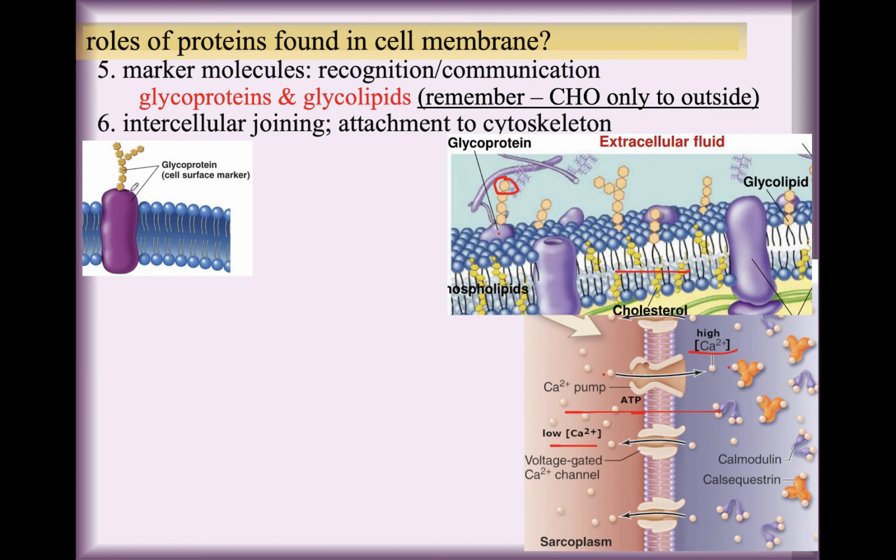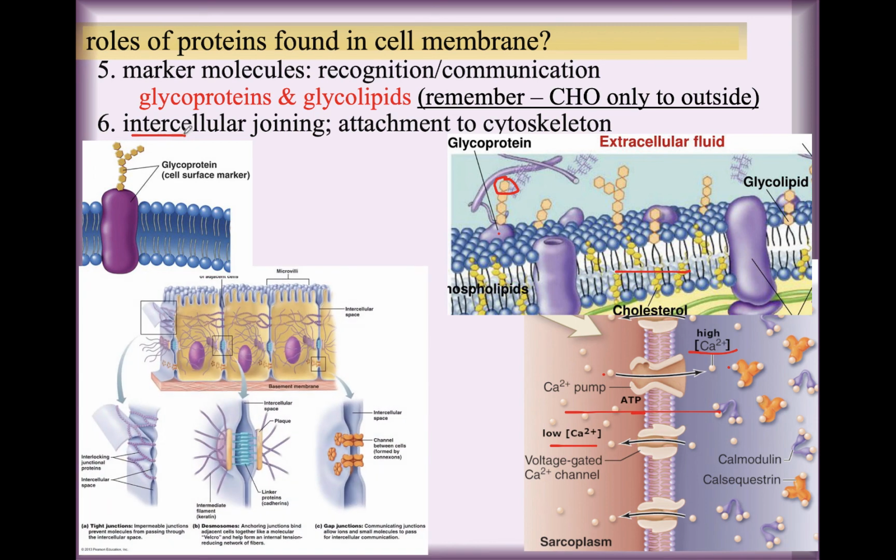And then proteins also join cells together. And so we talk about intercellular joining between cells. And usually it's parts of the cytoskeleton that will do that. You can see protein from this cell is moving across to this cell, and we make a nice junction right there. There are all kinds of different junctions.